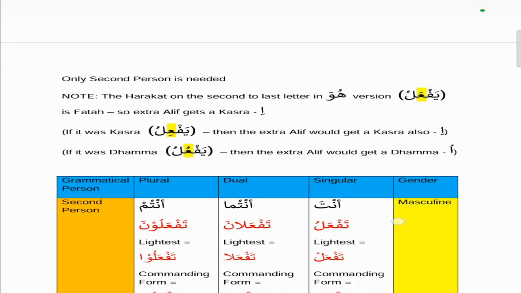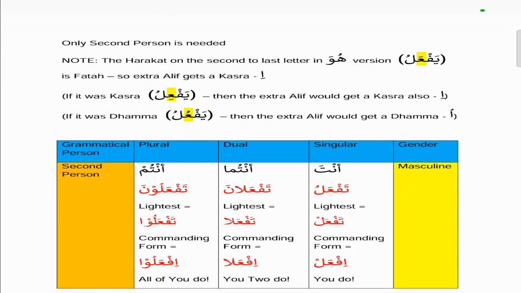And then we explain further that if the second to last letter had a kasra, let's say it was yaf'ilu, so the ain, the second to last letter, had a kasra on it, then the extra alif that we would add will have a kasra. But if the second to last letter, the ain, had the dhamma on it, let's say it was yaf'ulu, then the extra alif would get a dhamma on it.